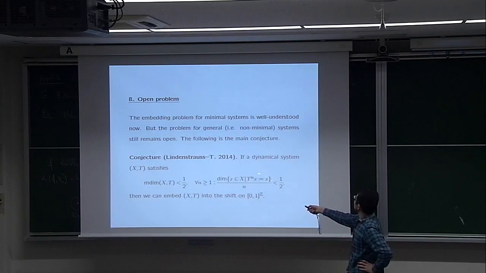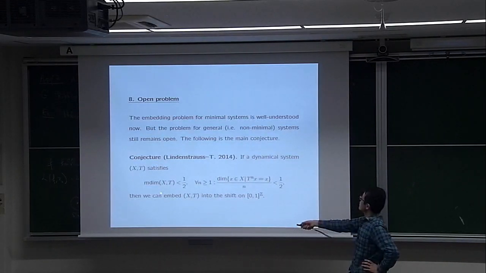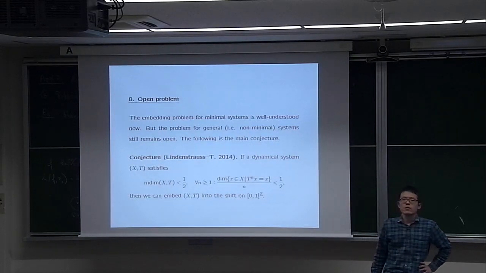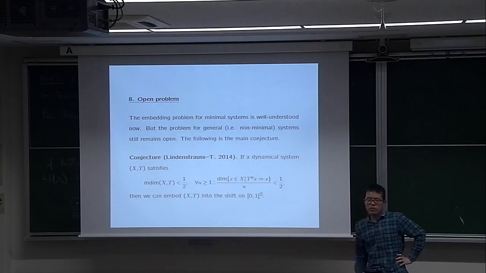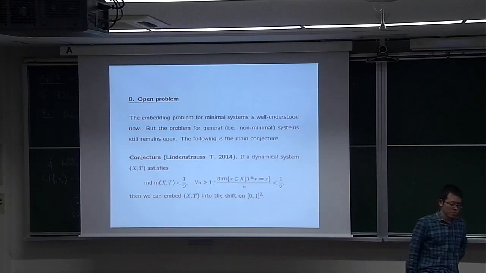So this is the dimension of the periodic point set, and we consider the ratio between this dimension and n, and suppose it is bounded by 1/2. Then we can embed this (X, T) into the shift on the Hilbert cube. This is a conjecture for the general case. This still remains open.